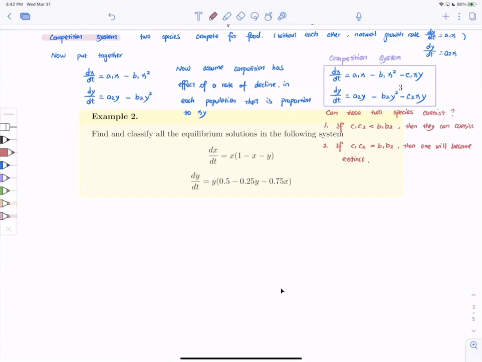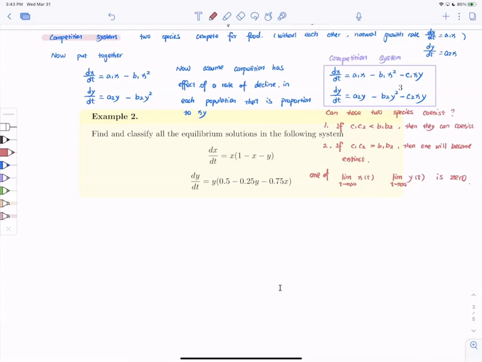If one of them becomes extinct, when you take the limit as t goes to infinity, one of them must be 0, because the population goes to 0. So one of those two will be 0. That's everything about this predator and prey topic.